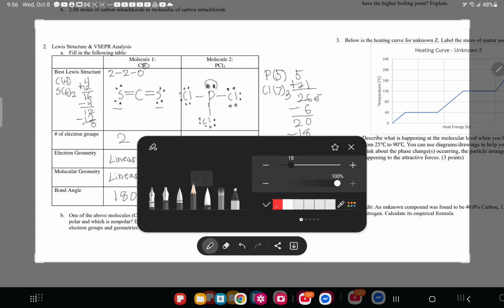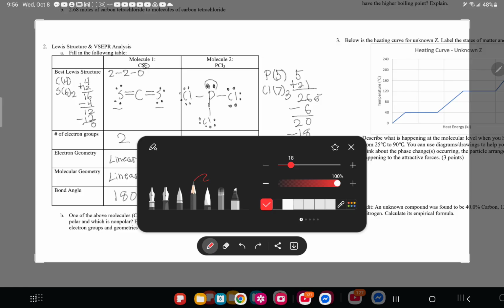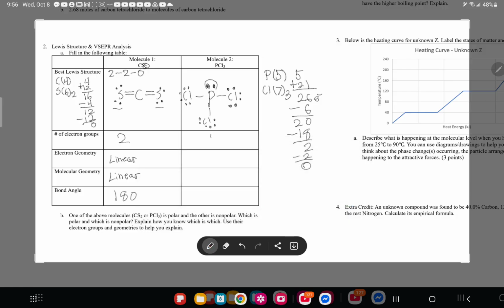Alright, now looking at the rule, we have 1, 2, 3, 4 electron groups. So we're going to add that in. We have 4. We're going to keep count.